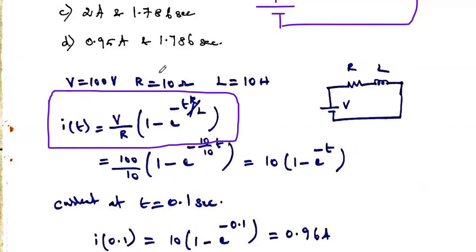So you just substitute voltage, resistance, and inductance values here. So V is 100 divided by the resistance 10, into 1 minus e power minus, R is 10, L is 10, so 10 by 10 t. So the answer is 10 into 1 minus e power minus t. Okay, this is the current flowing through this RL circuit at any time.